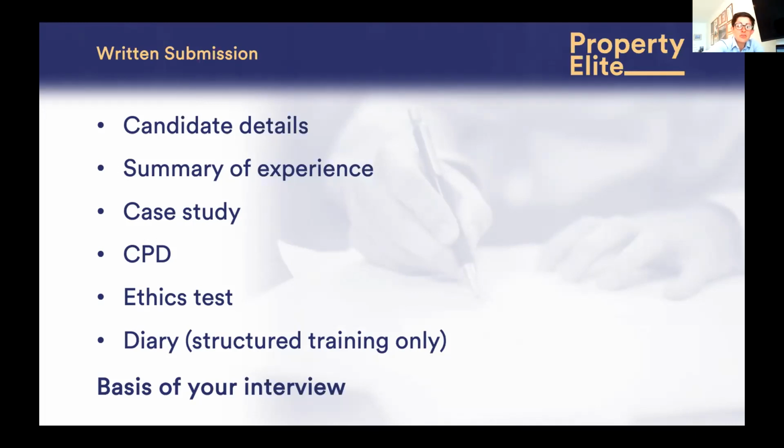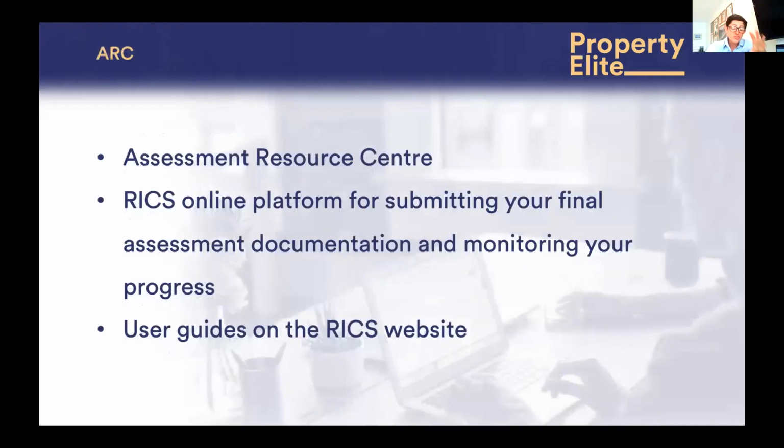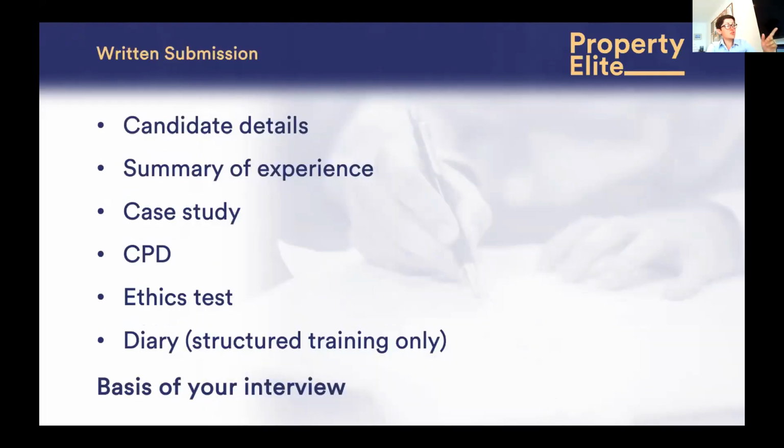You then have your summary of experience. This will relate to your chosen pathway, and we'll have a look at the competencies and requirements for that later on. You do have word counts for your summary of experience and case study. There's no leeway on this, no 10% rule.